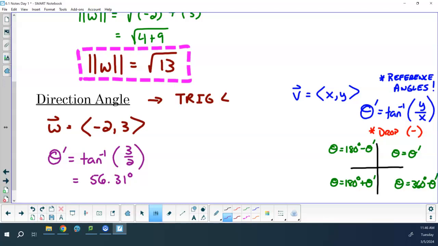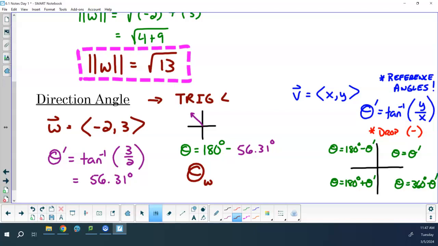So because I am in quadrant number 2, that means my actual theta is going to be 180 degrees minus my reference angle of 56.31 degrees, which is going to give me a direction angle of W, and that's how we write the direction, because we're going to have multiple vectors going on here.